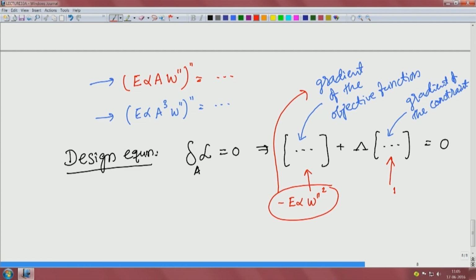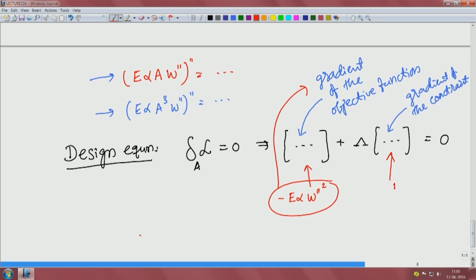So, let me reiterate that, in this problem, as it will happen in any problem, what is in the parenthesis, E alpha W double prime square, is the derivative, at any value of x, of the objective function, which is the integral 0 to L of q w dx. And this has to be understood really well, because you have an expression to say what happens.